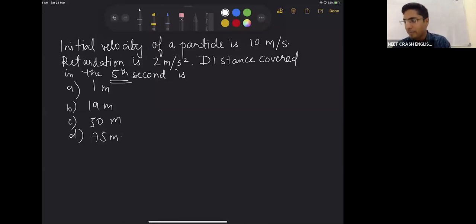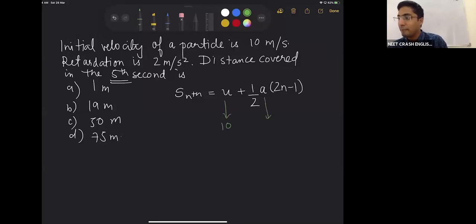Let me now do this problem. Here, the formula to use is Sn equals u plus half a into 2n minus 1, which we just studied. From the question, we know that u is 10, a, because there is a retardation, is minus 2 meters per second square, and n is 5.